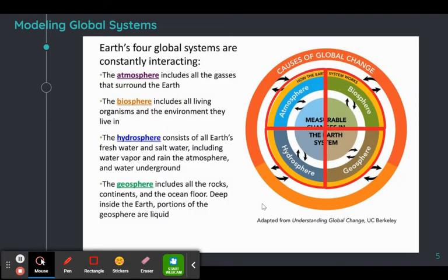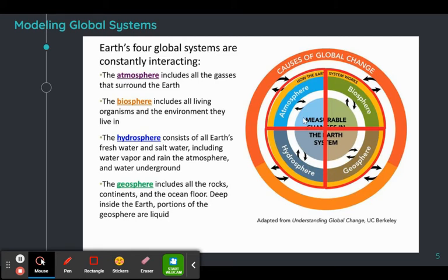When we study ecology, we think about the global systems that are constantly interacting with each other. And you see all these little arrows coming this way and that way because it wants you to see that they all affect each other, they all impact each other. This is a relationship between the four global systems.